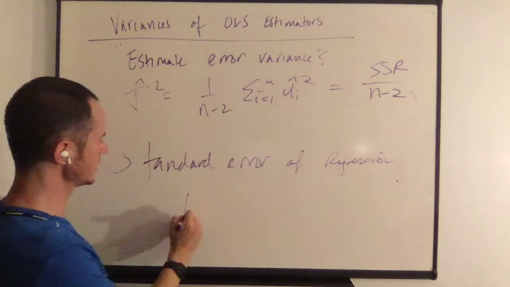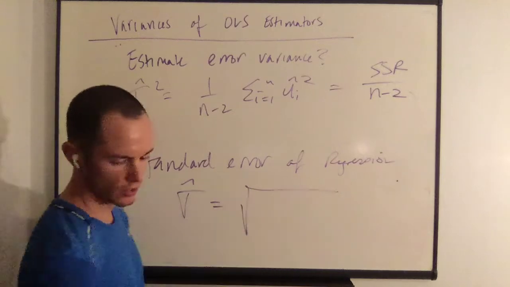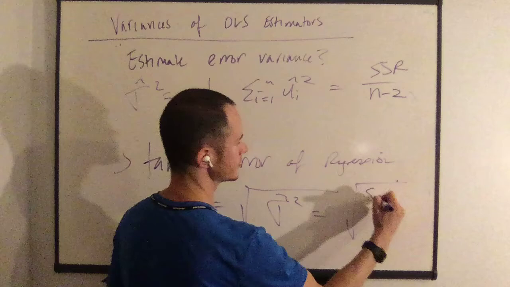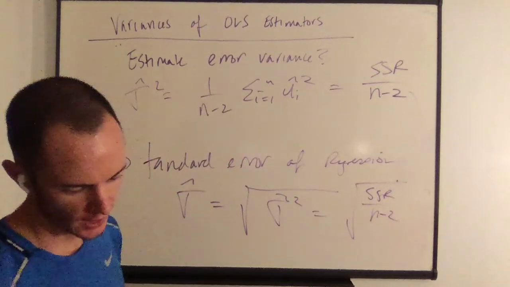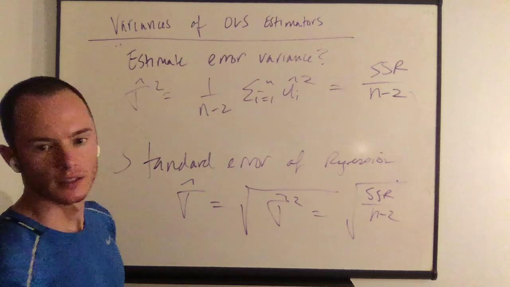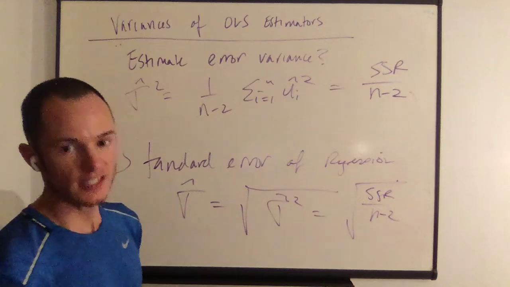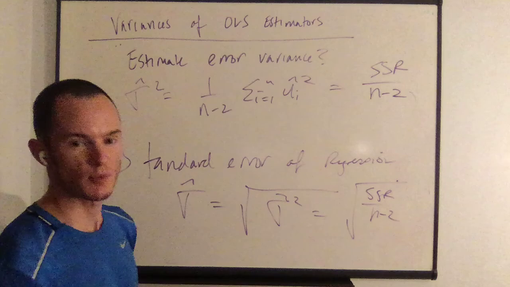The standard error of the regression is sigma hat, which is the square root of sigma hat squared. So that's the square root of SSR over n minus 2. Great. Folks, that is it for estimating the error variances. Tune in to the next video to learn some more econometrics.